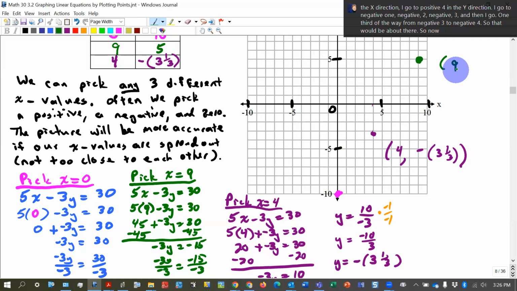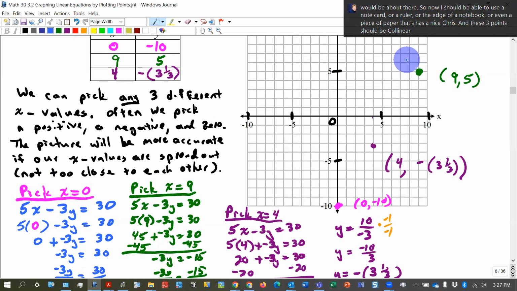So now I should be able to use a note card or a ruler or the edge of a notebook or even a piece of paper that has a nice crisp fold. And these 3 points should be collinear.